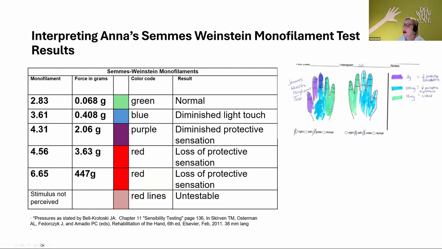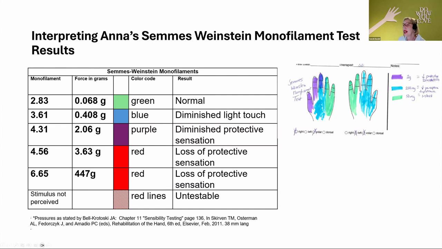Green means that things are all wonderful and normal, and that she can perceive somewhere around 50 to 60 milligrams. Blue means that there is a light reduction in perception of light touch, but many people who do manual labor would also just test it blue because they have much thicker callus on their hands.